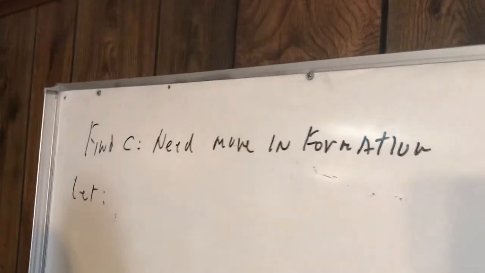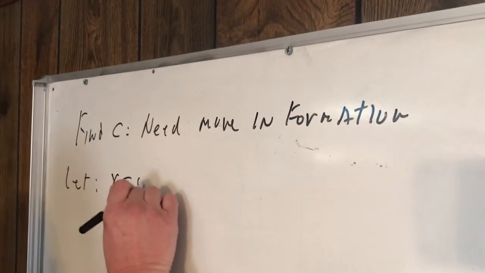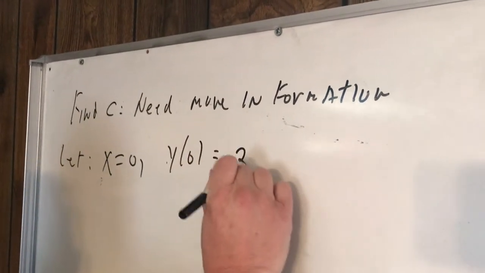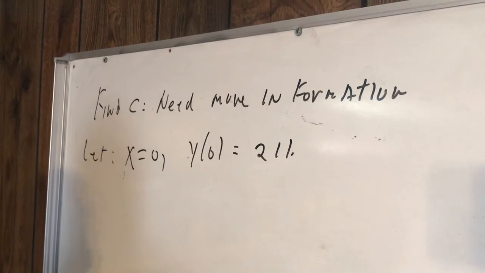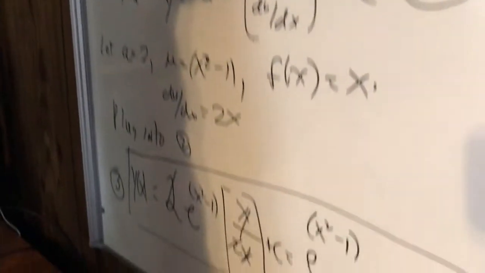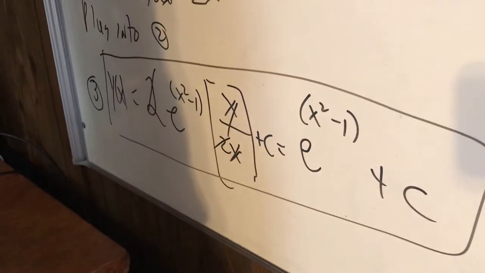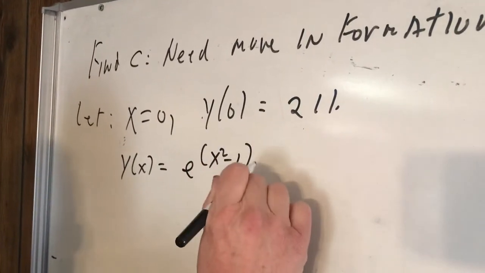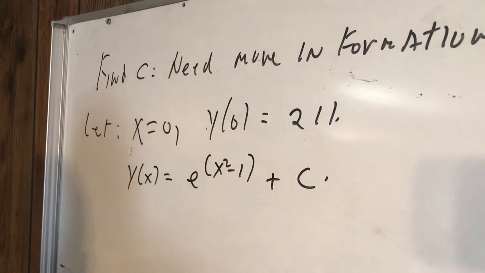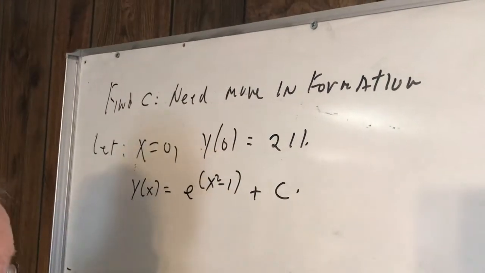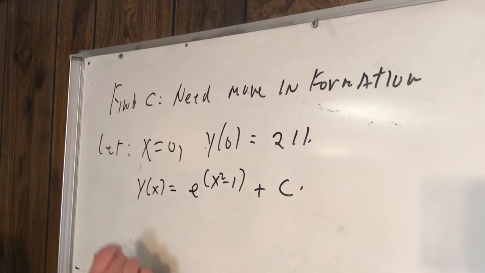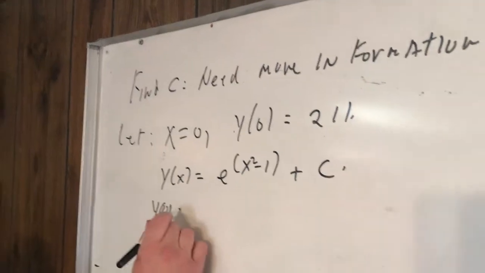So suppose they're given this. Okay, when x equals 0, y of 0 equals 211. All right, so let's go back into our y of x equals e to the x squared minus 1 plus c. Okay, let's see what we have here. y of 0, I know, is equal to 211.